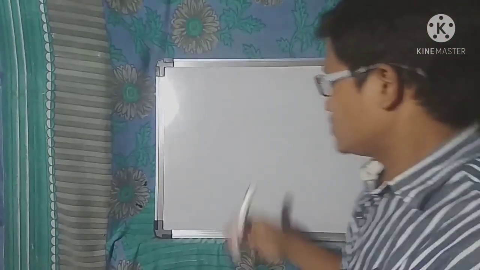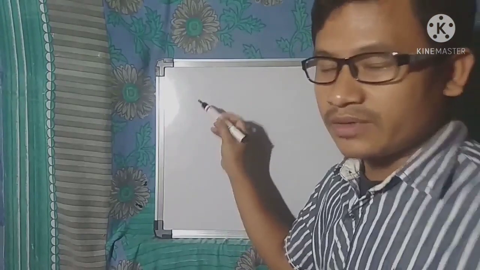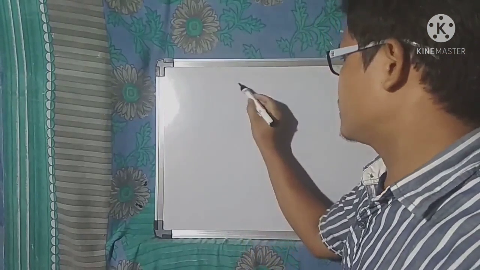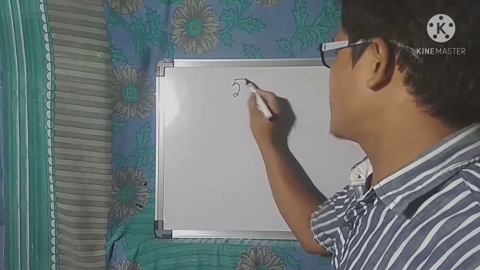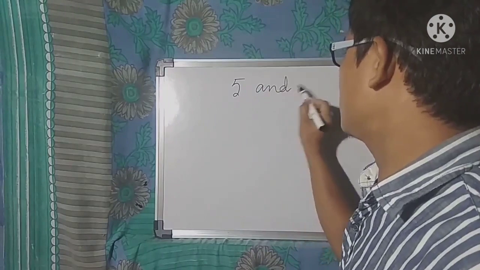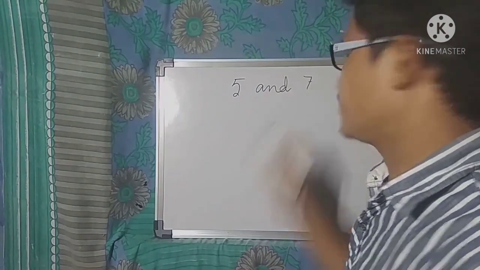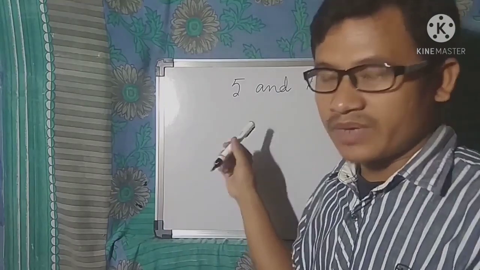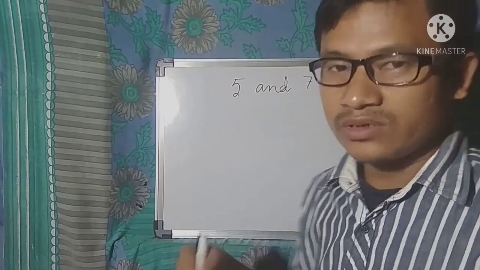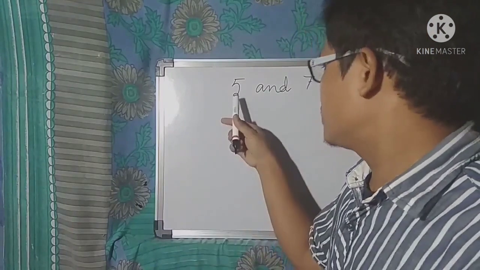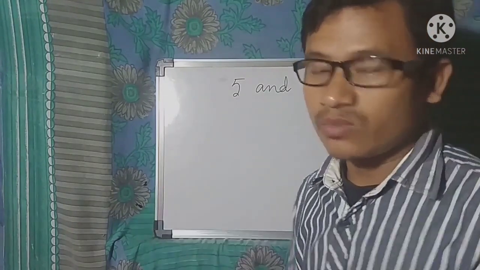Okay, I would like to clear one most important thing. You just look at the whiteboard. Suppose you are given two positive integers, suppose 5 and 7, and you have to compare these two positive integers. Compare means which one is greater and which one is smaller.